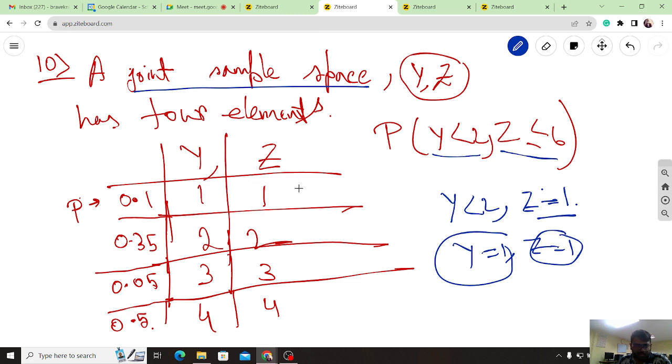So the only possible sample space of this is this one, because there is no equal to sign. So the probability will be 0.1.